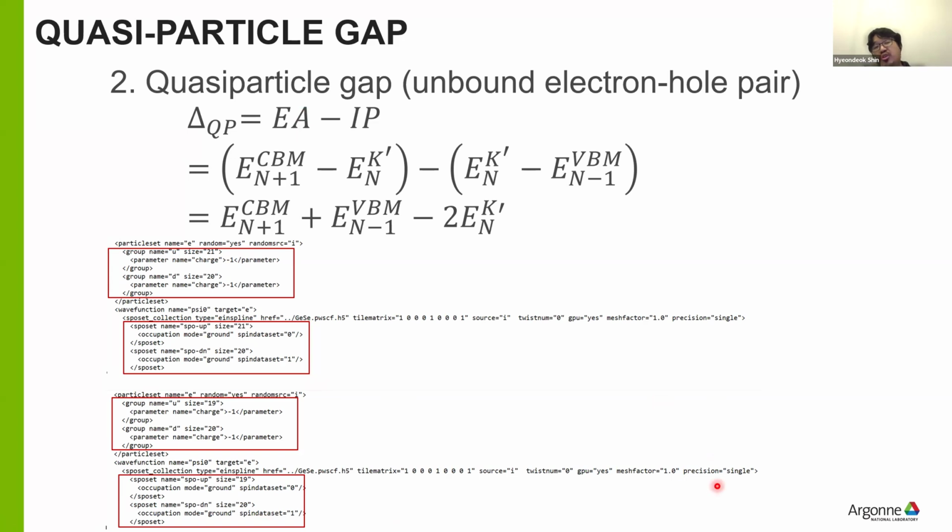We need to do the QMC calculations for adding and removing electrons separately, and we will be able to obtain the quasi-particle gap by calculating the energy difference between the electron affinity and ionization potential. So we need to do three different calculations for the quasi-particle gap: the ground state calculation, and two more for the removing and adding electron configurations.